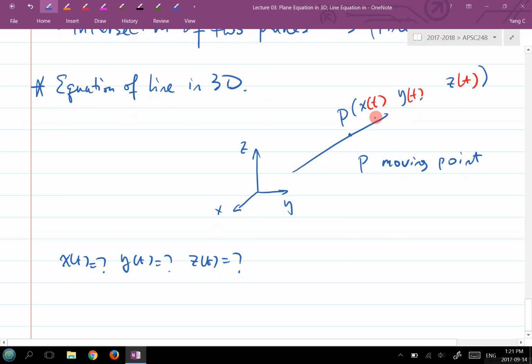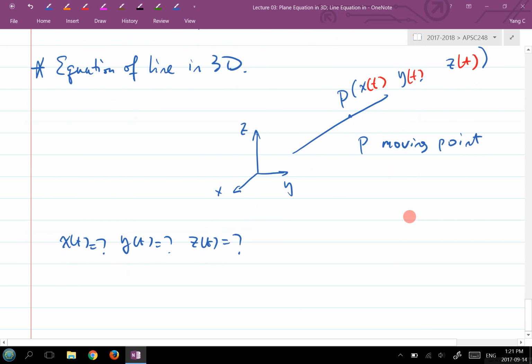That makes sense, right? It's a little bit different from the ways of thinking we had before. So I'm looking for three expressions here now. And notation-wise, all three expressions will be a function of the parameter t.